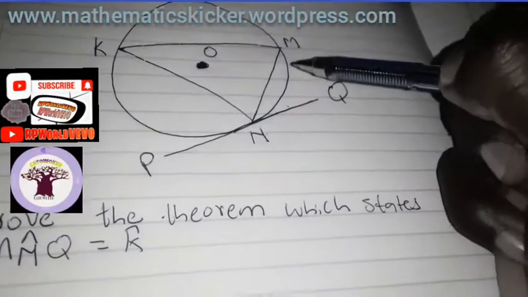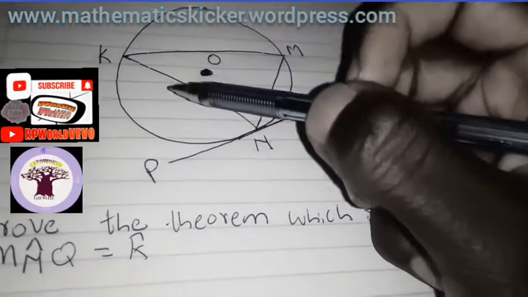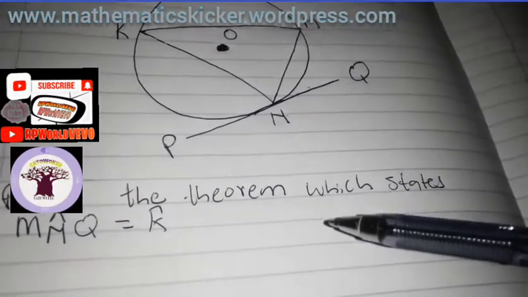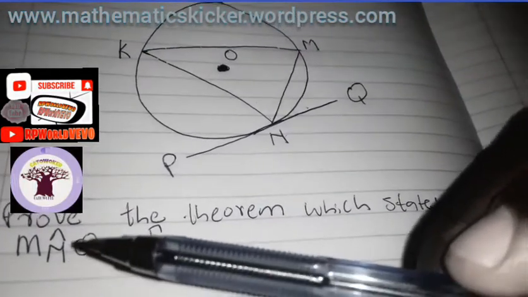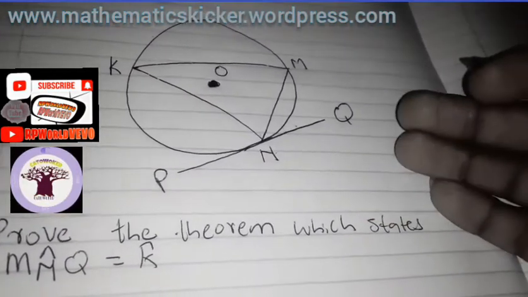It means angle MNQ is equal to angle K. We're going to prove this using method 2.